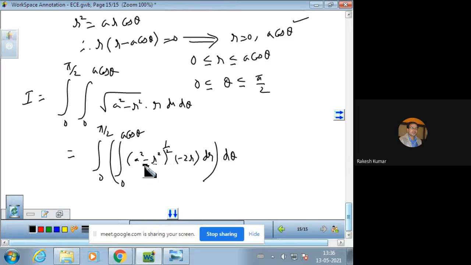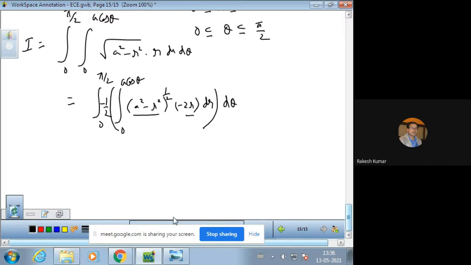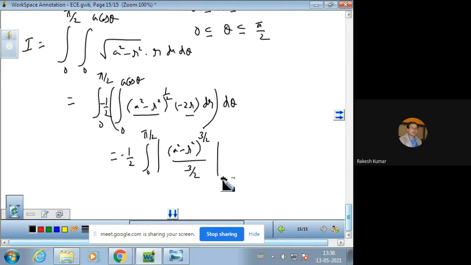Now just to adjust that derivative term, we have adjusted minus 1 by 2. So now you can integrate, and you will have 0 to pi by 2, a square minus r square raised to power 3 by 2 over 3 by 2. Limits are 0 to a cos of theta, d theta.